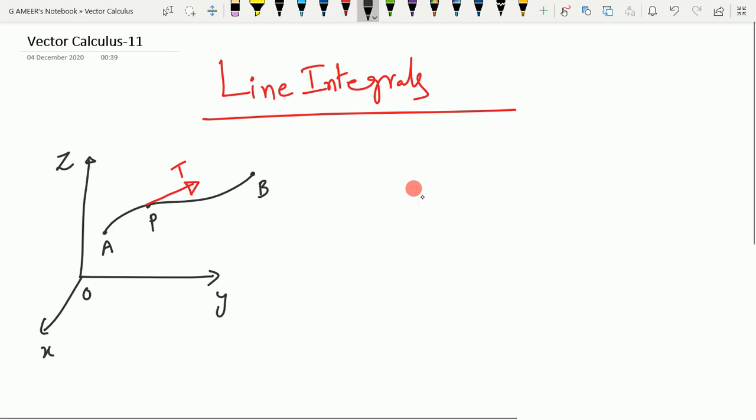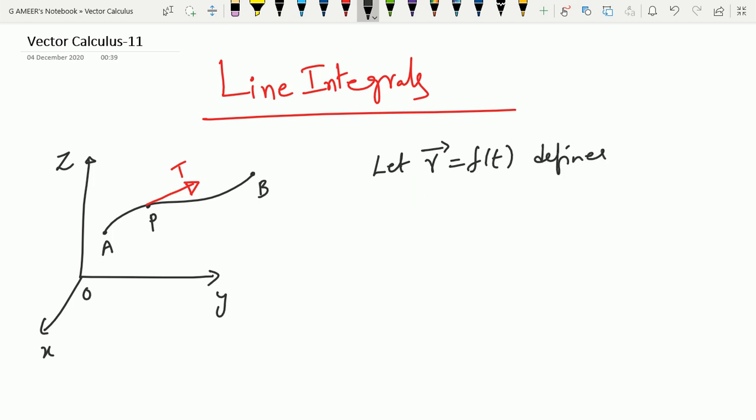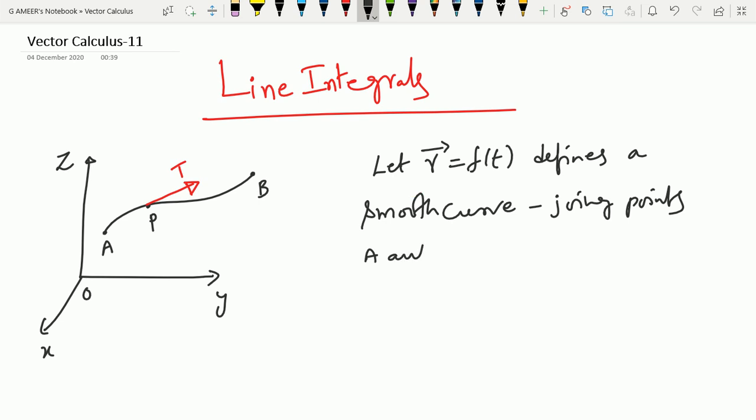Let r be the position vector, which is a function of time; here t is a parameter that defines a smooth curve joining points A and B in space.